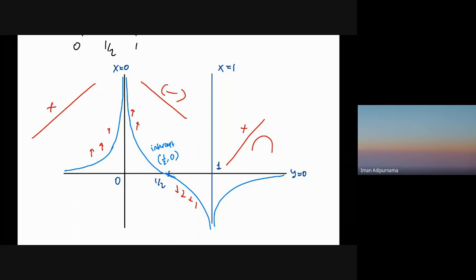The increasing, decreasing, and the concavity will follow the asymptote actually. So how you draw is you increase the function, but you need to follow the asymptote. The asymptote here is y equals 0 and x equals 0. So it's increasing, right? And then you confirm with the second derivative.